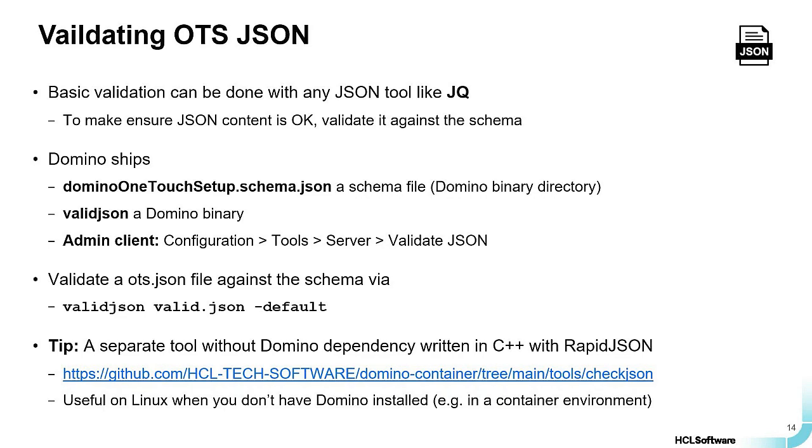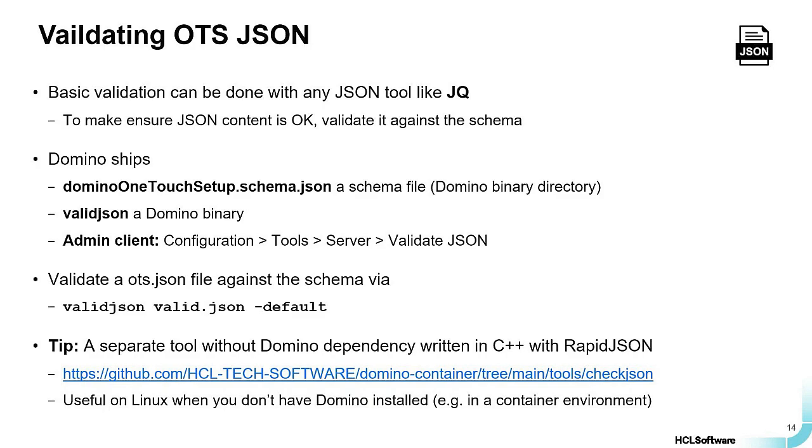And it's probably easier to use jq than what Domino has built in, because what Domino has built in needs the path to your data directory and binary directory. And if you just want to build a tool that validates the JSON, you just use jq. But maybe you want to completely validate if all the parameters that you passed in are valid.